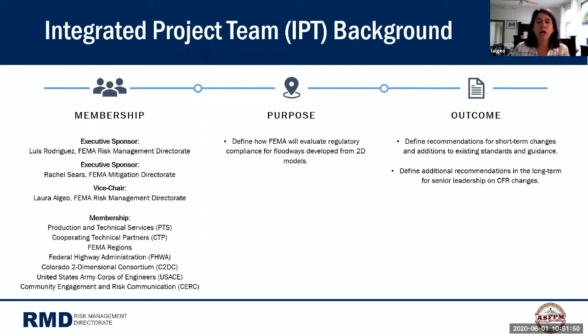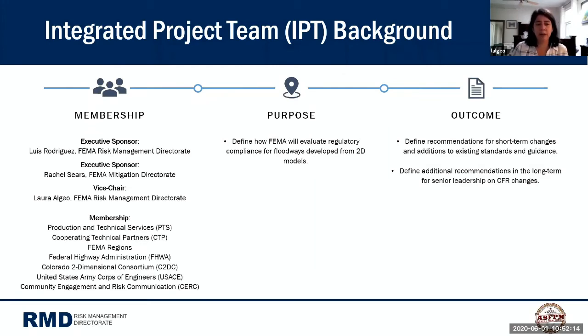So we do have a few executive sponsors at the FEMA level. And then our membership is really broad, including our production and technical services contractors, which are the contractors that contract directly with FEMA doing flood studies and updates; the Cooperating Technical Partners Program, which are state, local, and regional organizations that do flood studies with FEMA; and the FEMA regions themselves.